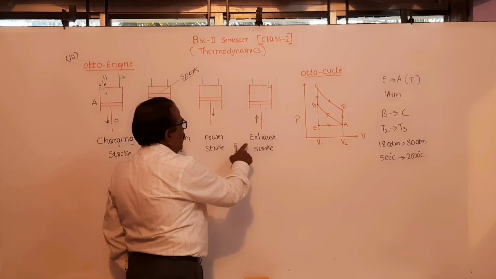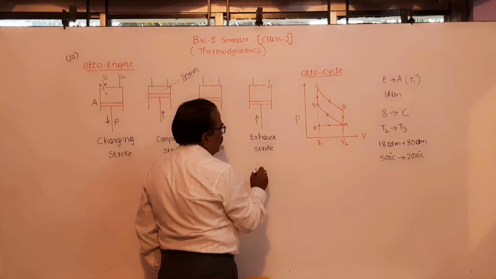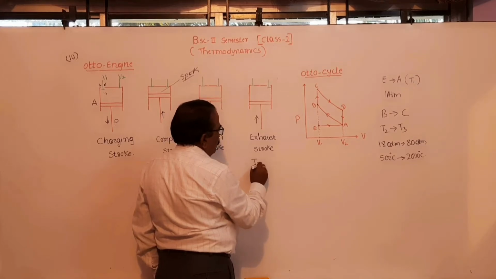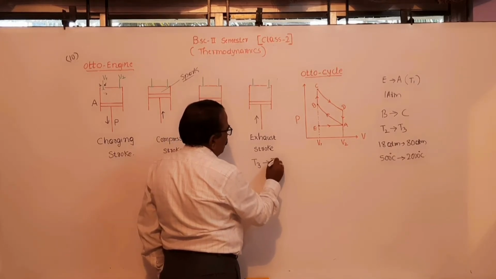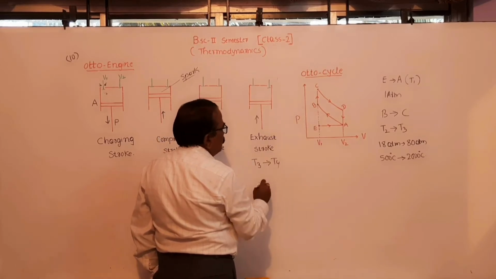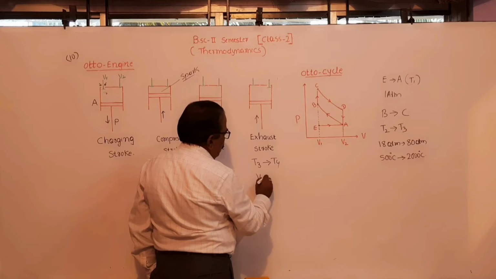It is called the exhaust stroke. During the exhaust stroke, temperature goes from T3 to T4 and volume goes from V1 to V2.